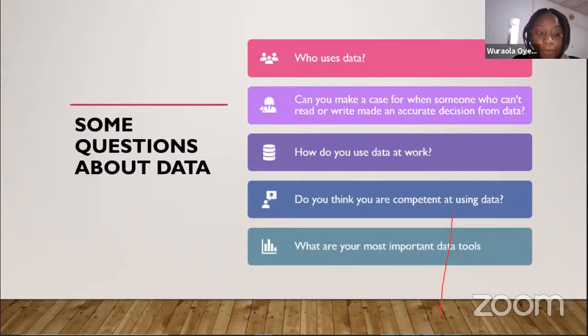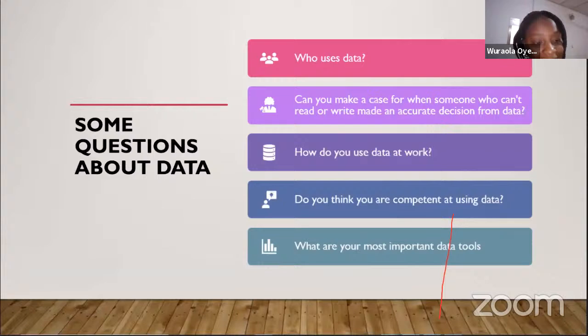Okay, Abubakar and Zainab said SPSS. Okay, that's a data tool. Okay, I'm waiting for others. MS Excel, Ishaya Abubakar. Jimmy uses Power BI and Excel.